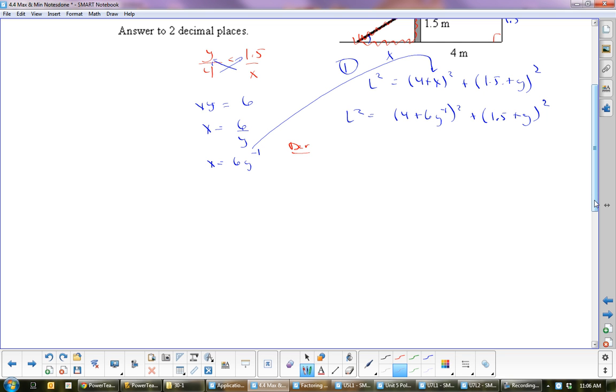Okay, so this would be 2L dL over dy equals 2 times (4 plus 6y to the negative 1), chain rule, right? So that will be times negative 6y to the negative 2, plus 2 times (1.5 plus y) times 1, if I did the chain rule.